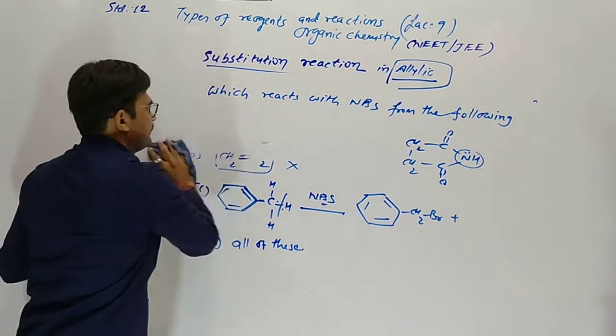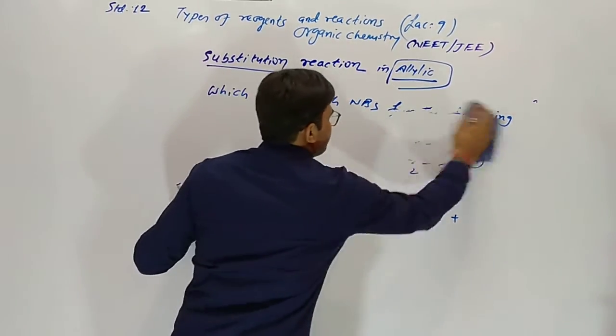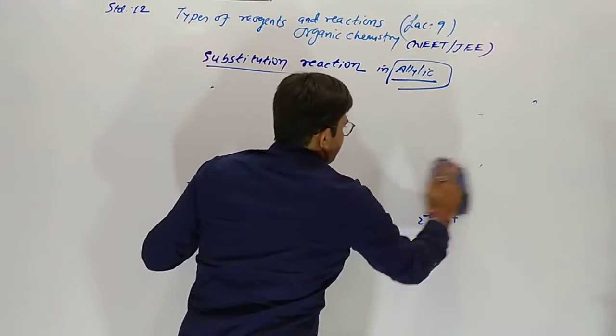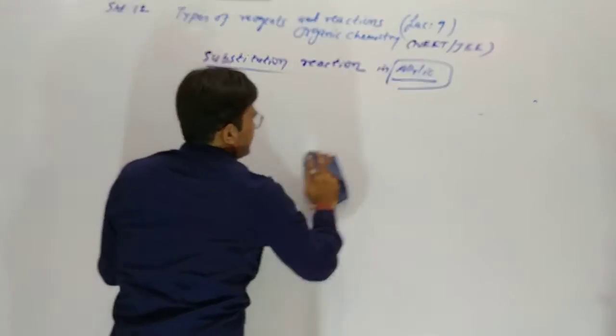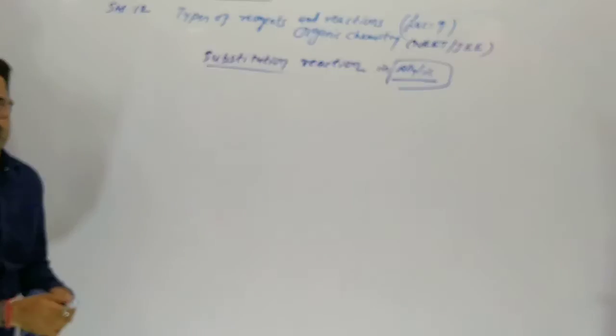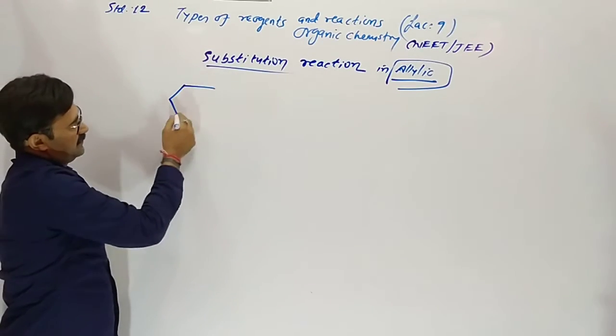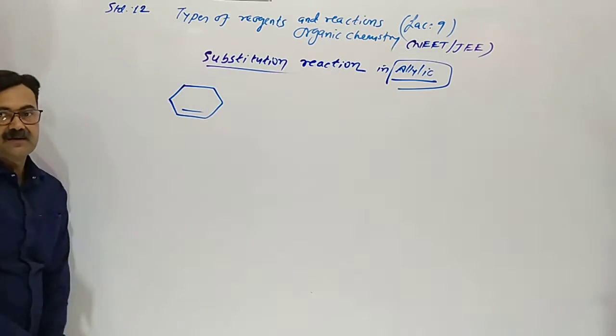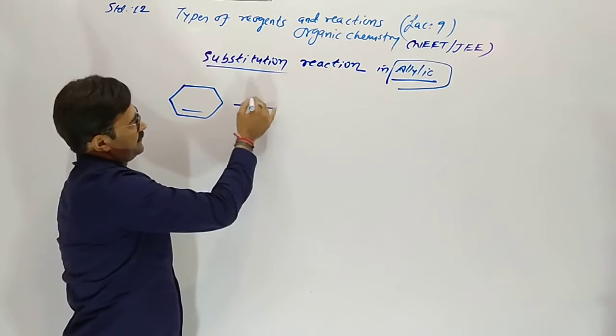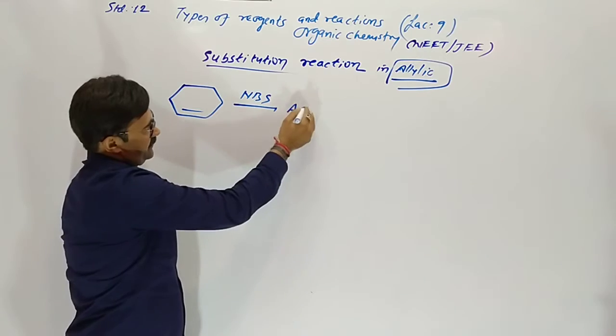One more question. It is a fill-in type of question. Find out A, B, C, D in the given reaction. Cyclohexene is given. We are reacting it with NBS.